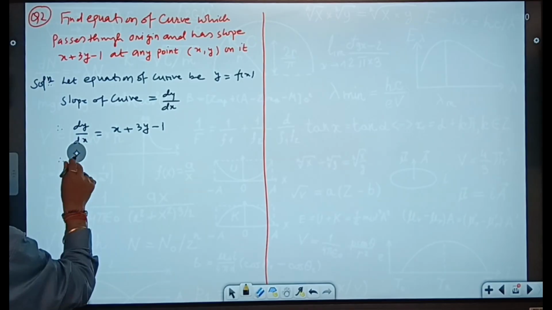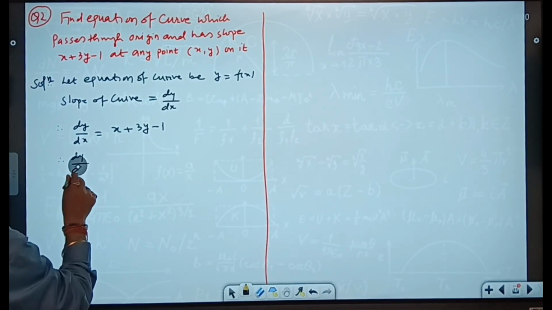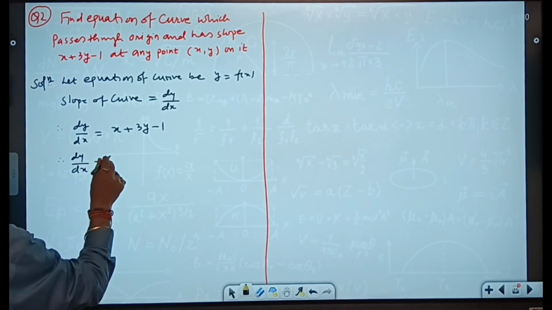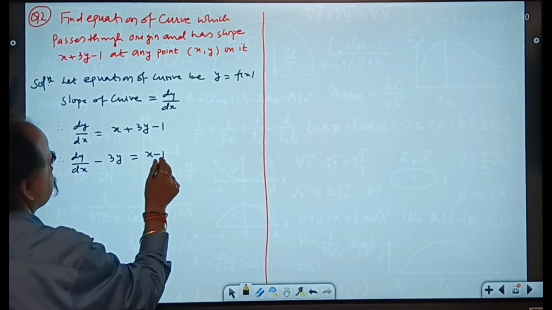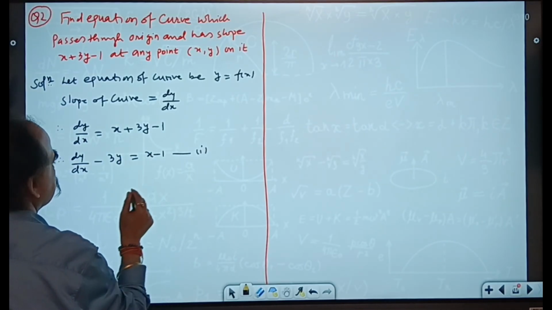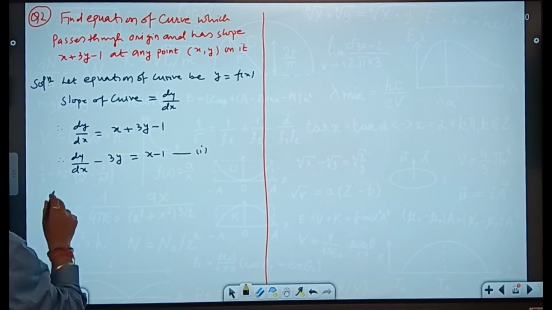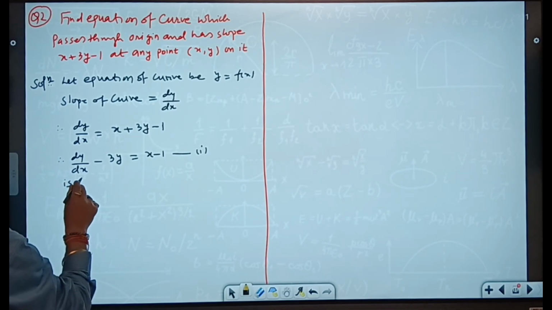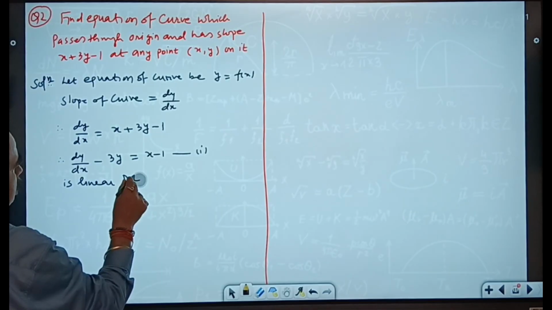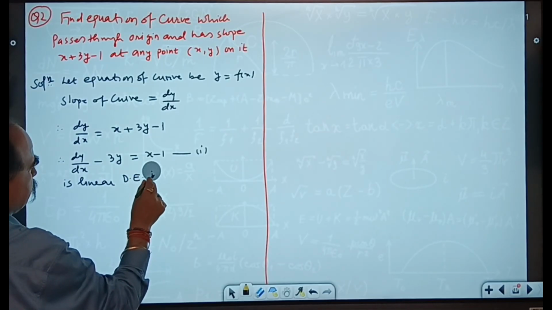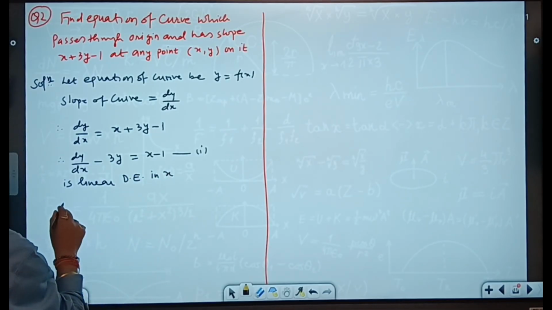Therefore, dy by dx minus 3y is equal to x minus 1. This is a linear differential equation in x.